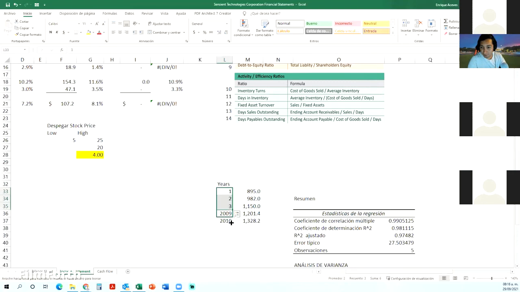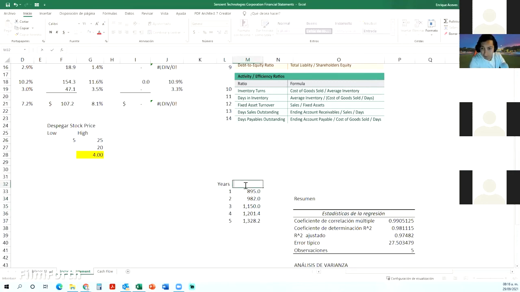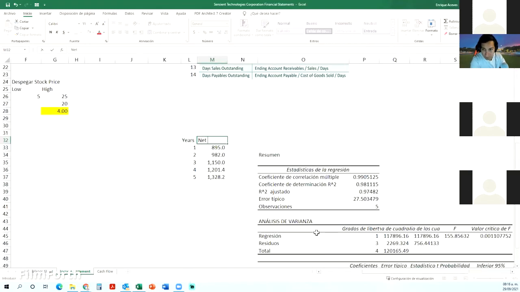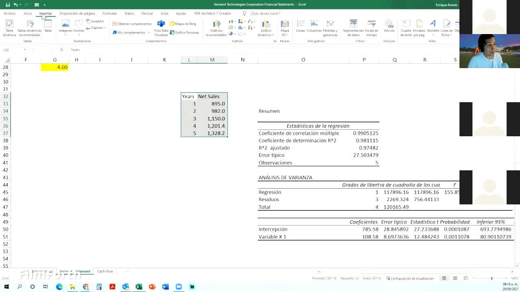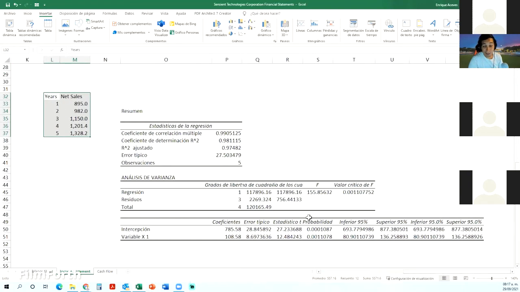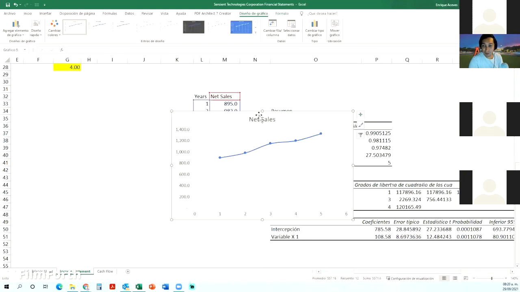So we have years and we have revenue. No, how is it being called? Net sales. What I wanted to show you is there is a very easy way to get it instead of having all this data. But the important thing in this data is that with this statistic, you accept or reject the equation.